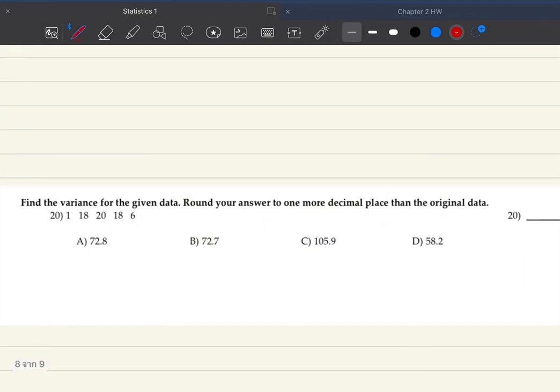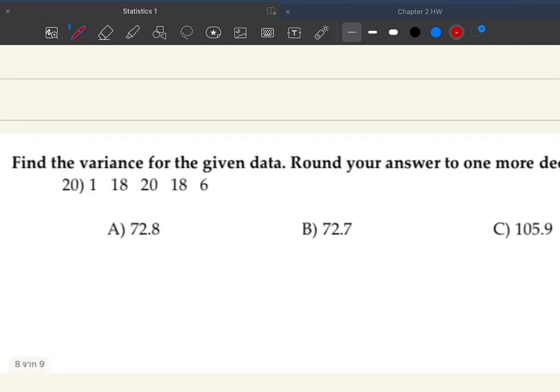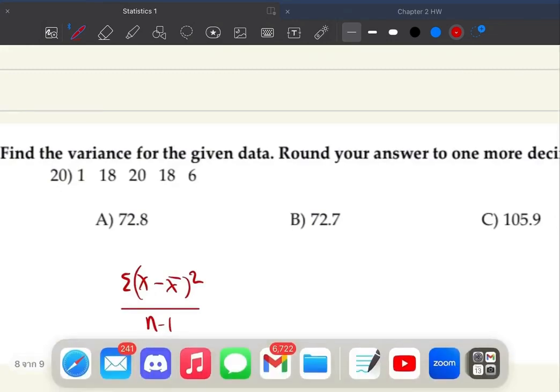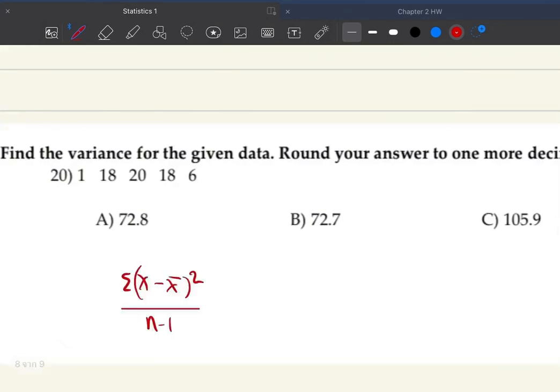Find the variance for the given data. So the variance is equal to sigma of x minus x bar squared, divided by n minus 1. We will find the mean first.